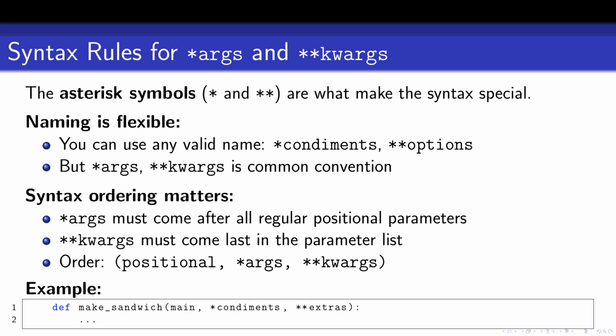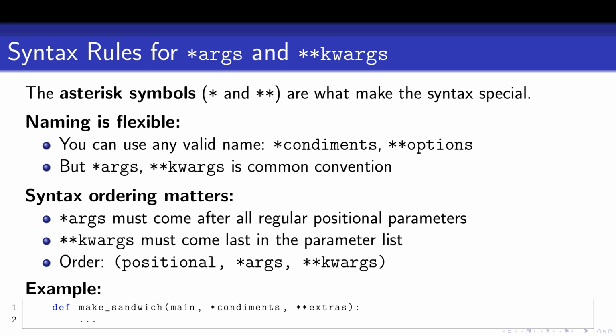For example, in def make_sandwich(main, *condiments, **extras), the main ingredient is required. Condiments can include any number of additional toppings, and extras might include named options like size or packaging preferences.